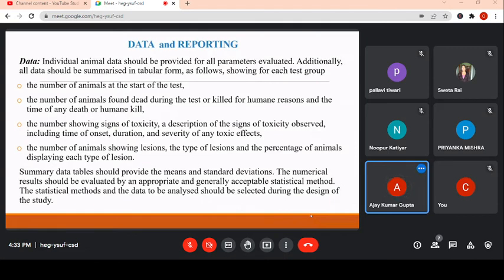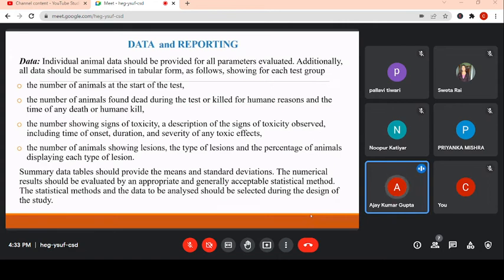The number of animals showing signs of toxicity, a description of the signs of toxicity observed, including time of onset, duration, and severity of any toxic effects. The number of animals showing lesions, the type of lesion, the percent of animals displaying each type of lesion.